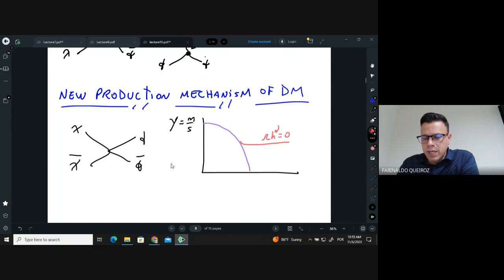That leads to omega h squared equal 0.1. So the annihilation cross-section I need to get this relic density right is the canonical thermal one, which is 3 × 10⁻²⁶ centimeter cubed per second. Remember, the thermal one, not exactly the sigma v, but let's assume them to be the same.